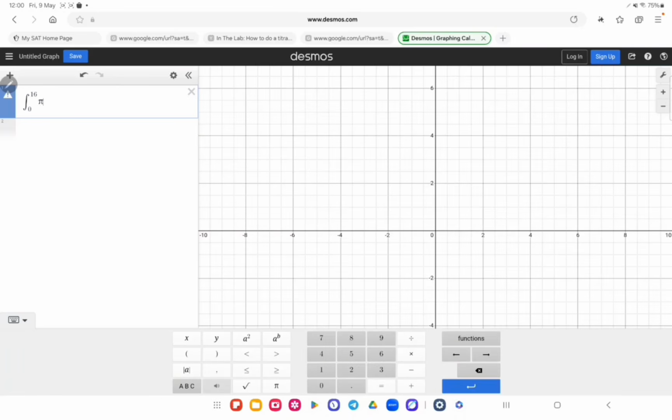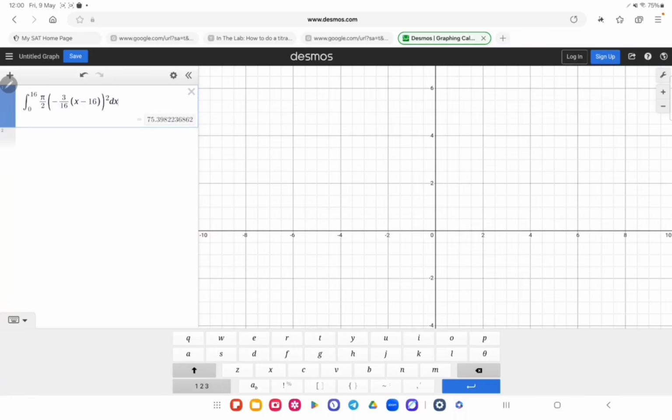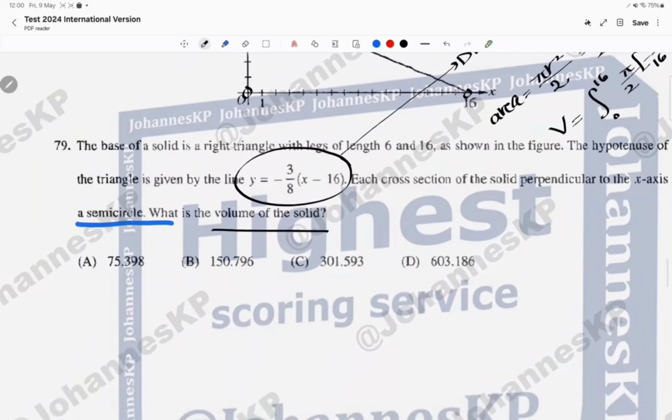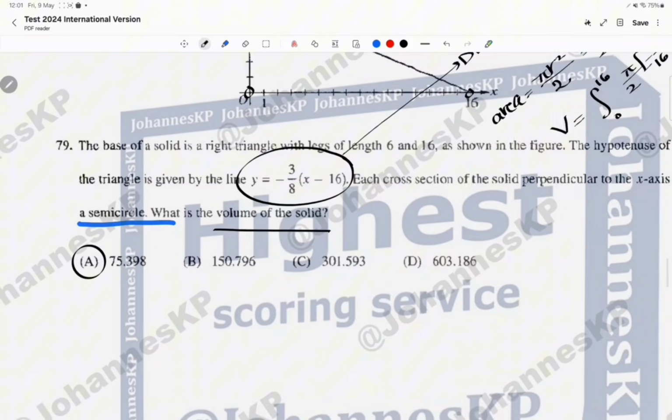So pi is here over 2, open the bracket, negative 3 over 16, x, minus 16, squared, dx. And I got 75.398. So it's going to be A. Okay.